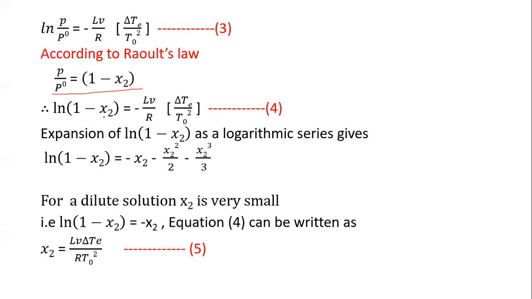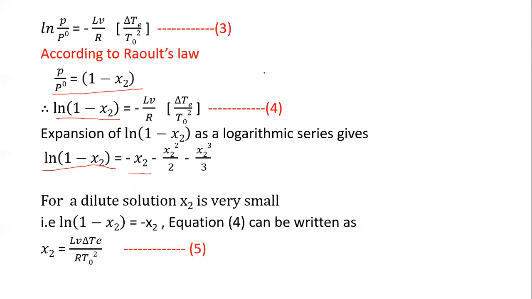Now the logarithmic expansion of this ln 1 minus x2 can mathematically be written as minus x2 minus x2 square upon 2 minus x2 cube upon 3. Now for a dilute solution, the value of x2 is very small.